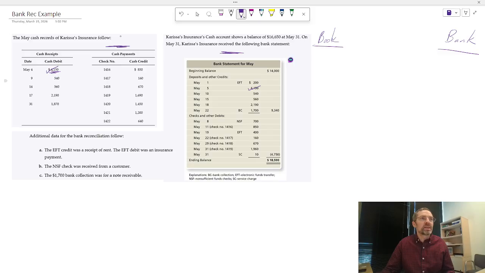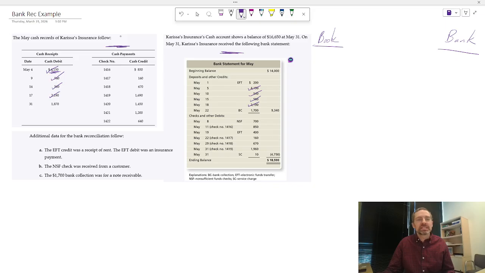Let's go down to May 9th, 540. Okay, 540, those match. 560, yep, they match. 2,190, I think I see that one over here as well. 1,870.